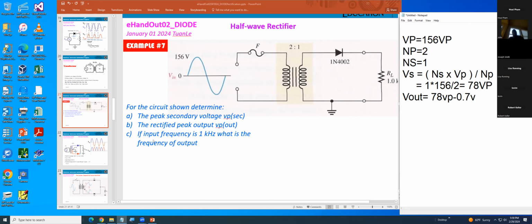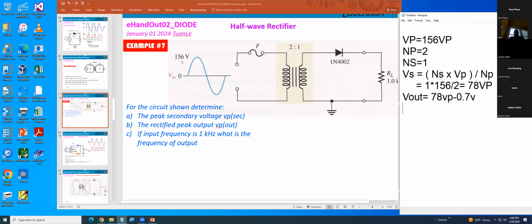Would you still call that 78 VP instead of 78 VS? The thing is they give you VP here. You see that? That's 156 for a half wave. And if you go up and down, peak to peak, you have to multiply by 2, from the top to the bottom.